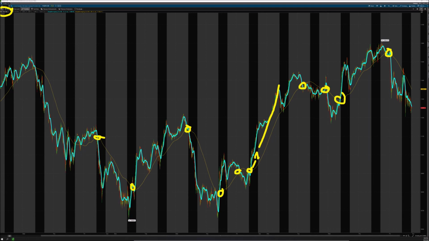This is basically just a basic use of two SMA lines to wait for a buy signal or a sell signal.